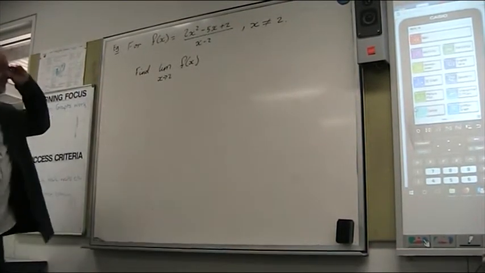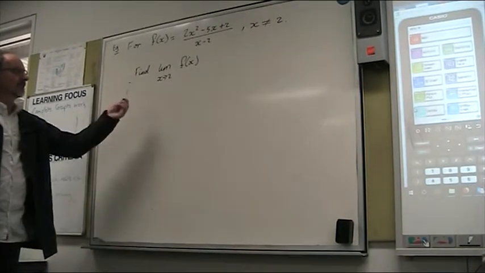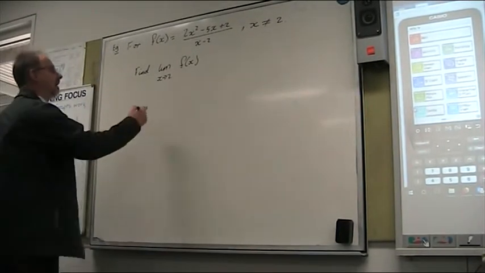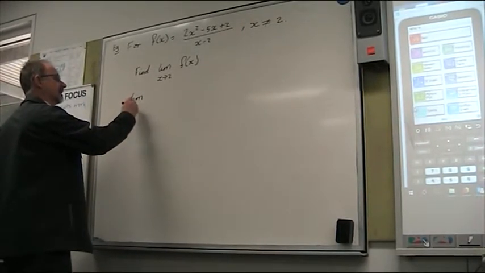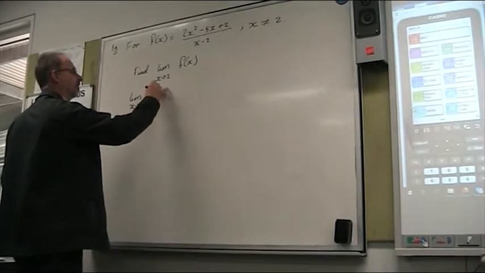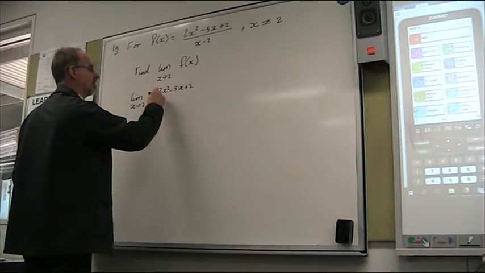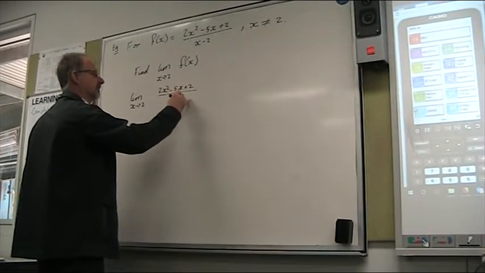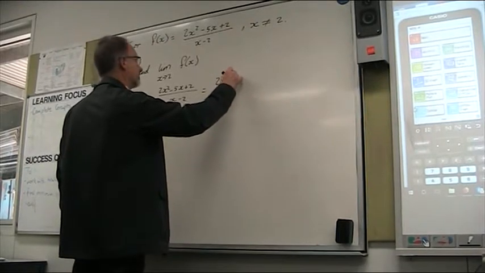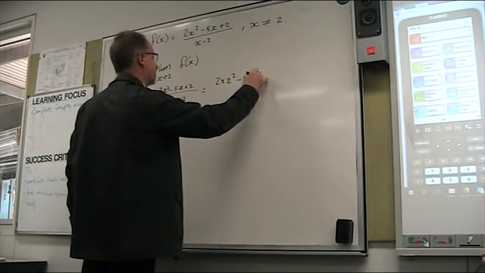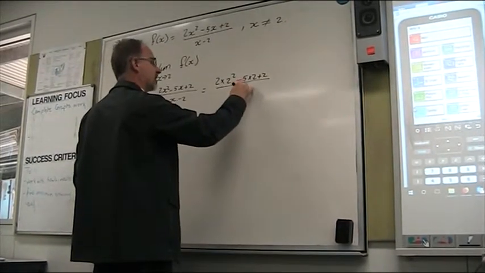Alright, so if we just follow what we did before, then the limit as x tends towards 2 of (2x squared minus 5x plus 2) over (x minus 2) equals 2 times 2 squared minus 5 times 2 plus 2, all over 2 minus 2.